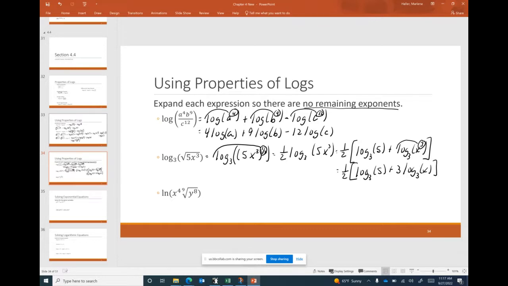And then if I wanted to, I could distribute that 1/2, or I could just leave that as it is. Okay, maybe I'll distribute it: 1/2 log base 3 of 5 plus 1/2 times 3, which is 3/2, log base 3 of x.